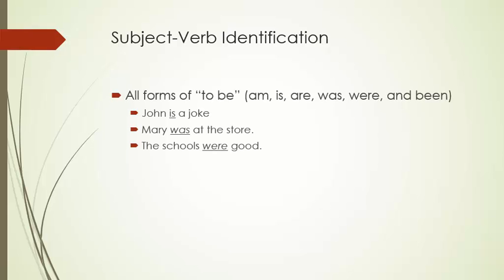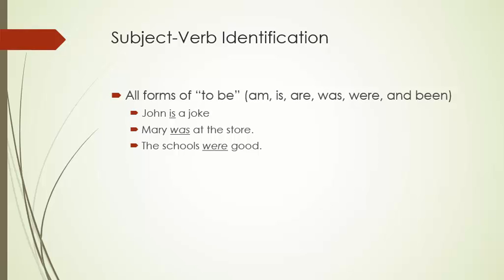Keep in mind that all forms of to be, the words that show existence, are always going to be verbs. There are lots of words that are always verbs, but these are words that students sometimes forget are verbs. So keep in mind that the words is, am, are, was, were, be, being, been, all those kinds of words, will always be verbs in a sentence.